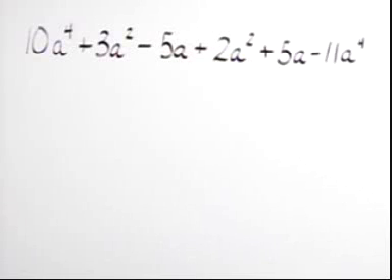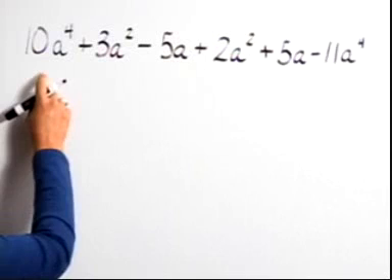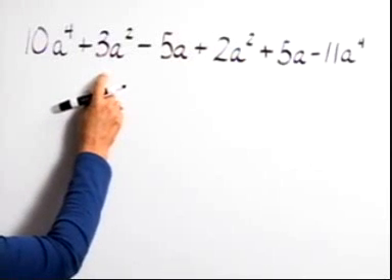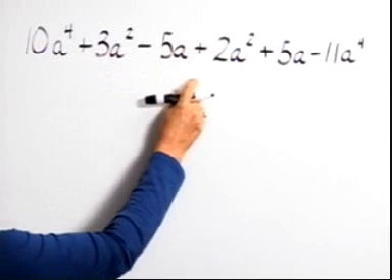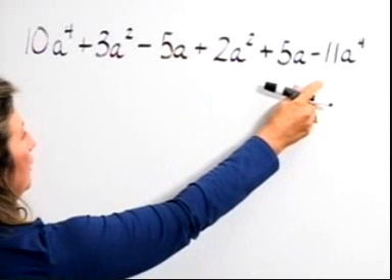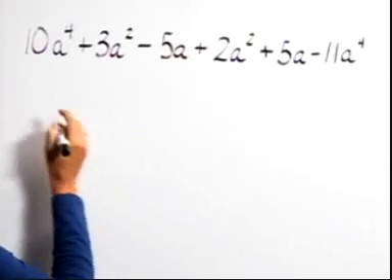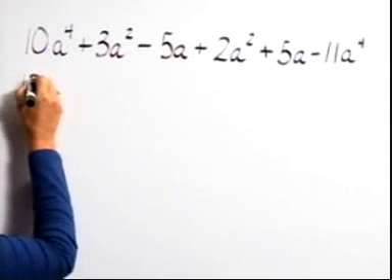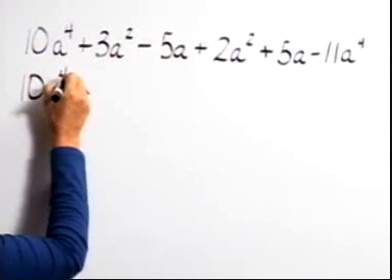Simplify and write the resulting polynomial in descending order of degree. We have 10a to the fourth plus 3a squared minus 5a plus 2a squared plus 5a minus 11a to the fourth. We'll start by combining like terms, putting them in descending order.